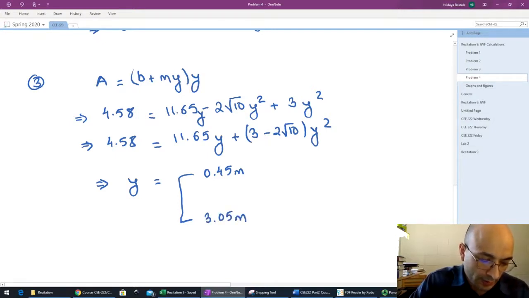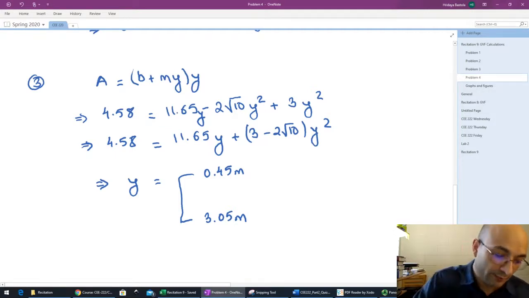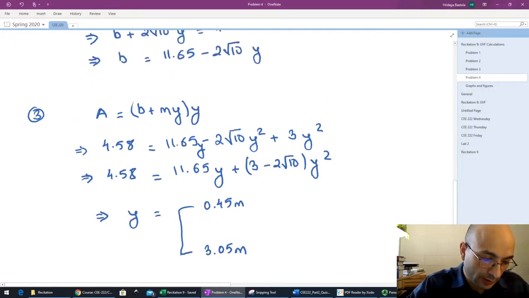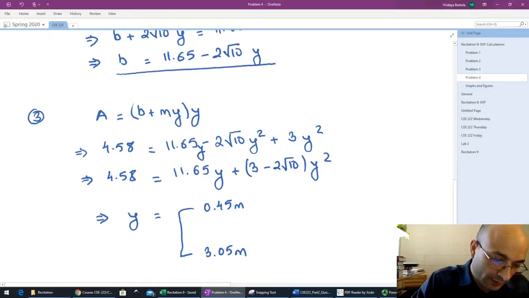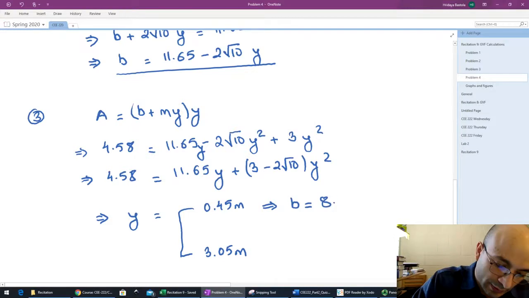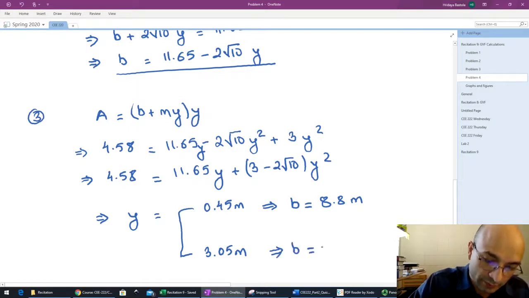Now, using a y of 0.45 and the equation up here that relates b to y, we can get b of 8.8 meters, and using a y value of 3.05 we'll get a b value of negative 7.6 meters.